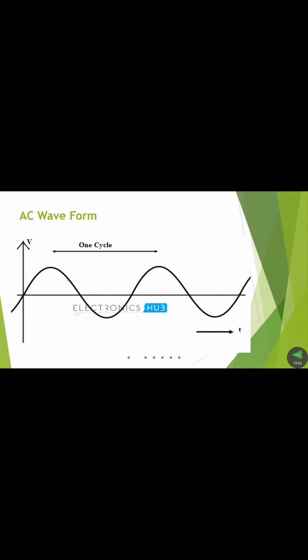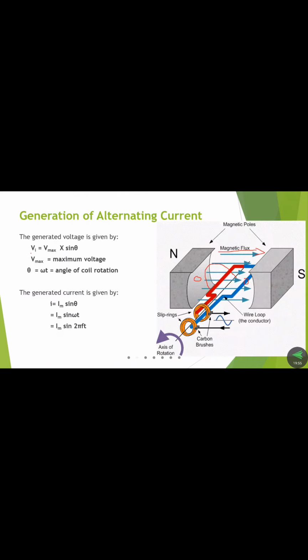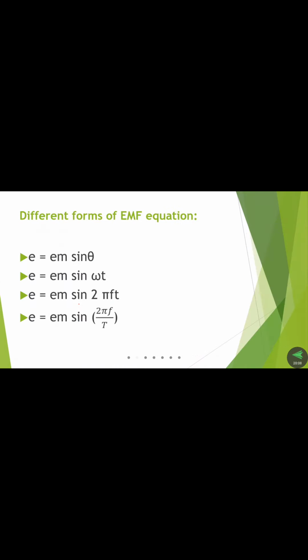Right? So you can observe here. V is equal to V max sin theta, and for current, I max sin theta. So whatever formula we use for V max, the current also uses the same formulas. Similarly, if we want to take the current instead of VM, we take IM.